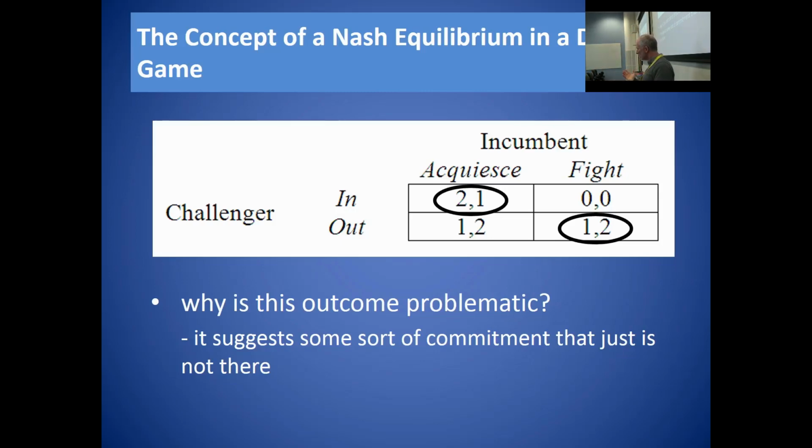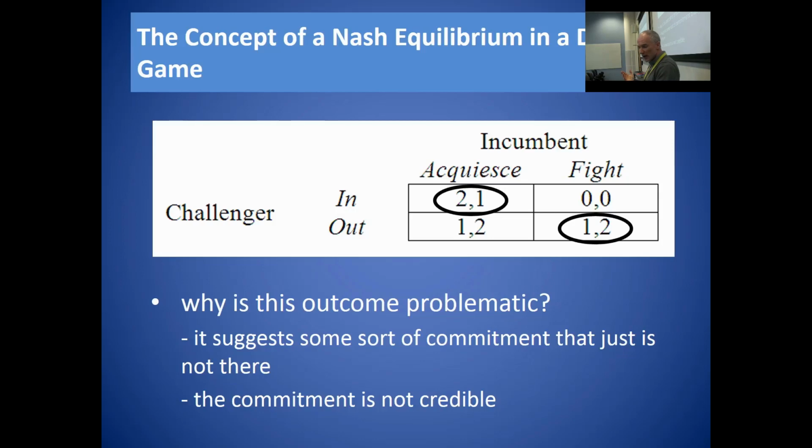Well, no. Because even if the incumbent firm says, I'm going to fight if you enter this market, absolutely, I'm going to fight you, and that will drive your profits all the way down to zero. It suggests a commitment, which we haven't said anything about commitments being made anyway, but even if that commitment was there, it completely and utterly ignores the dynamics of the game.